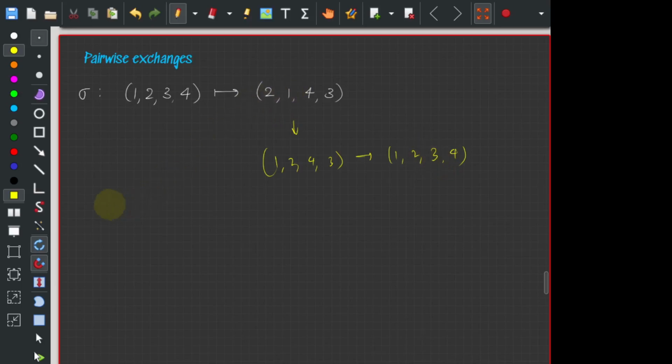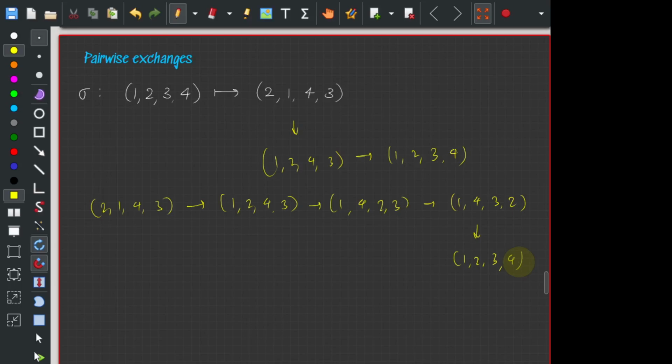For example, starting from 2, 1, 4, 3, I could first get 1, 2, 4, 3, and then 1, 4, 2, 3, and then maybe 1, 4, 3, 2, and then 1, 2, 3, 4. It's a valid sequence of pairwise exchanges, and again I've come down from 2, 1, 4, 3 to 1, 2, 3, 4.